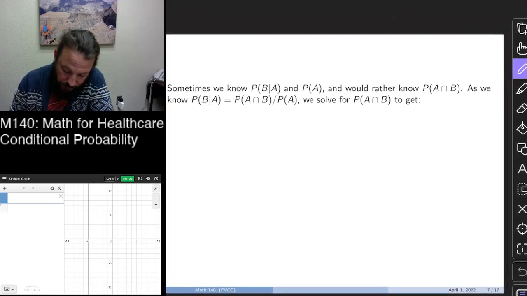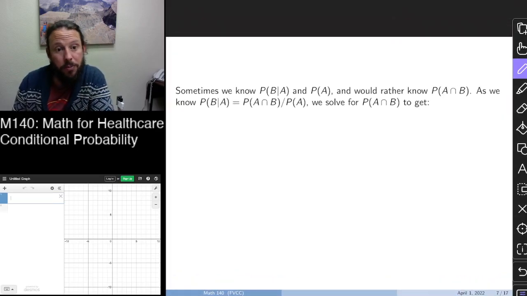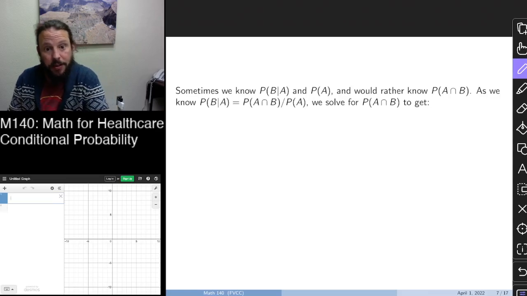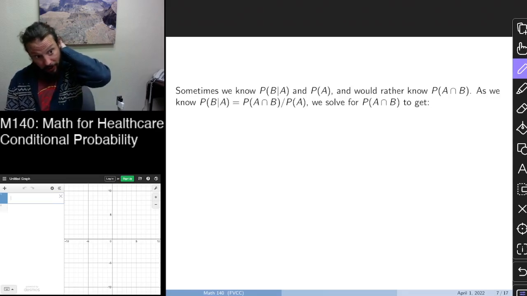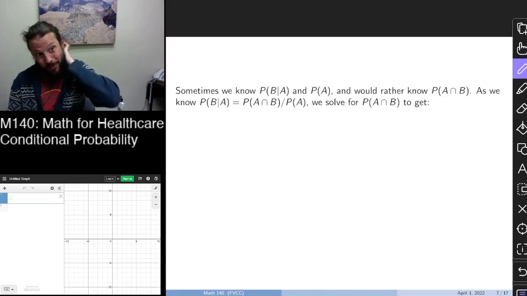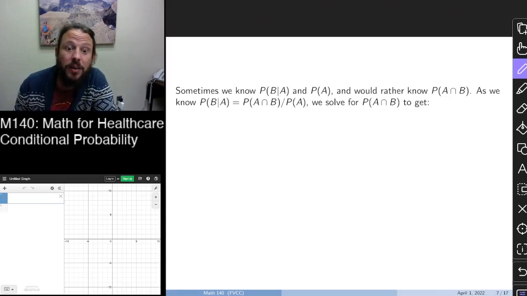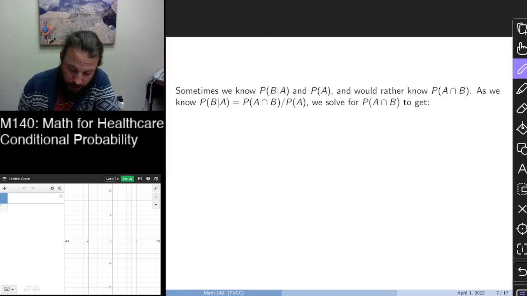Now, sometimes we know the probability of B given A and the probability of A. This would be like the cards example we looked at before we defined conditional probability. But you'd rather know the intersection, and this is exactly like the cards problem, right?